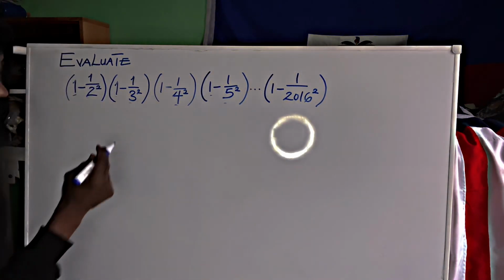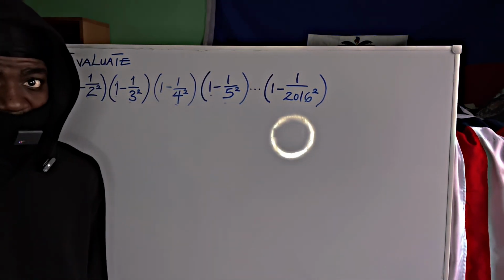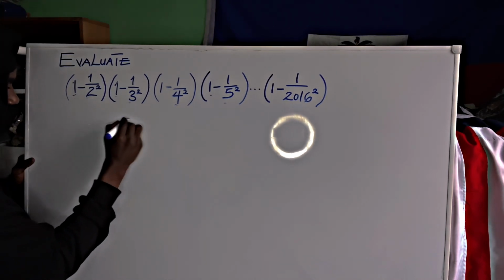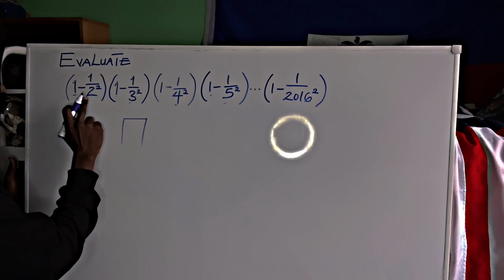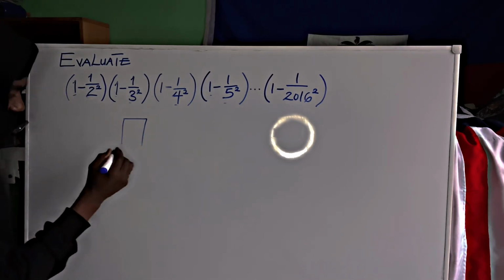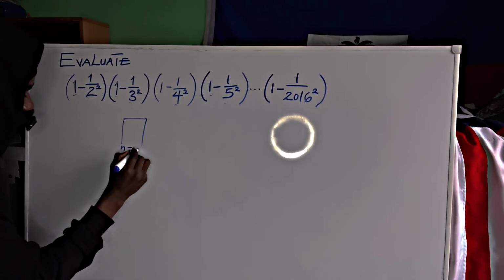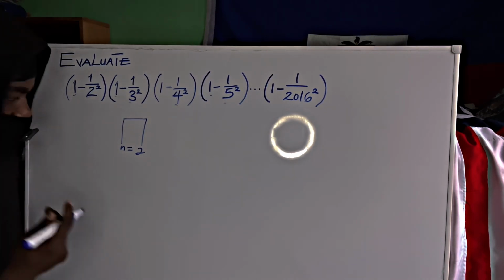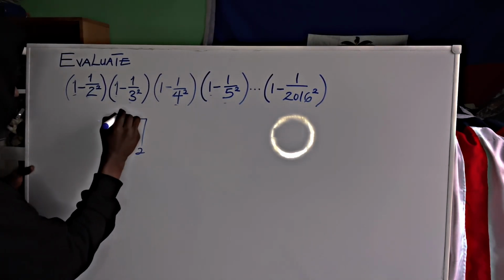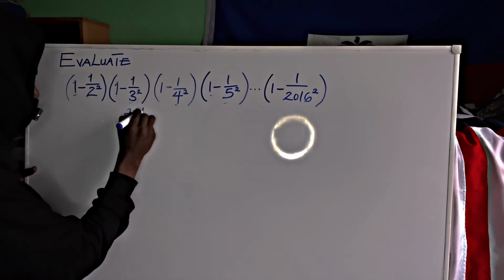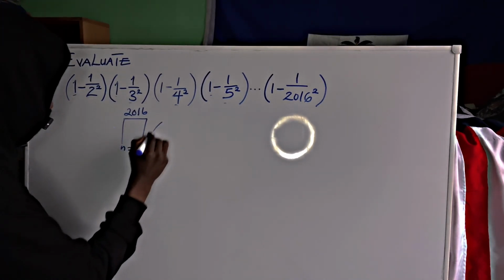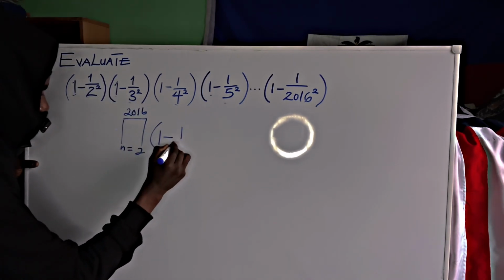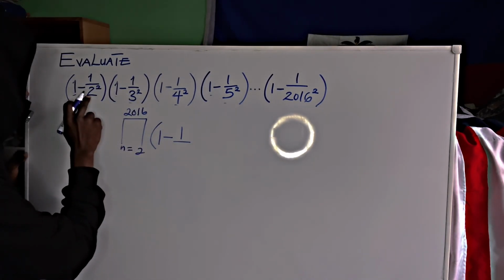Because this is a product, we're going to be using the product notation. This will be the product where n goes from 2, because our first term here in the denominator is 2, to our last term 2016, of 1 minus 1 over 2 squared.